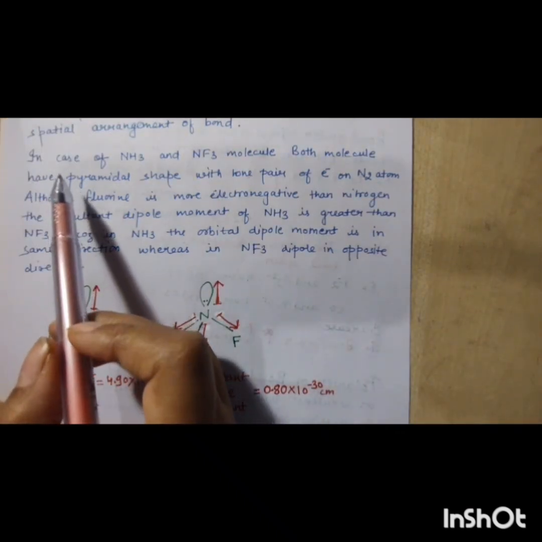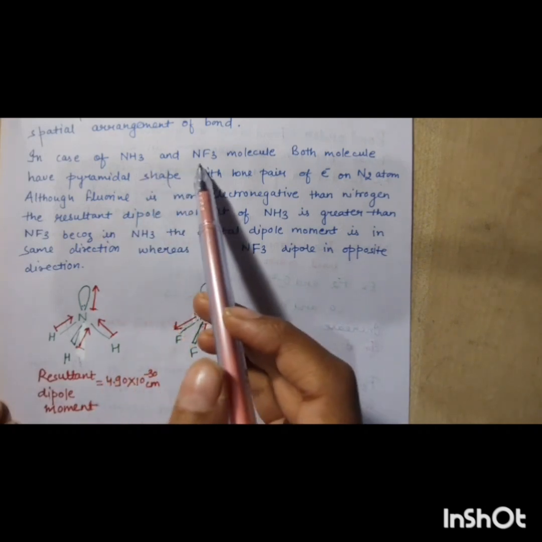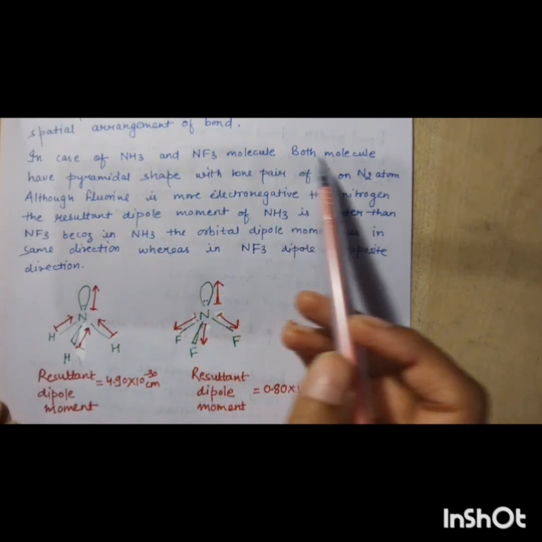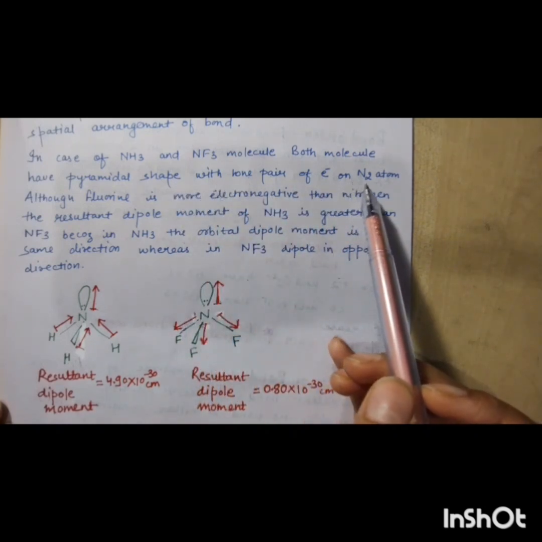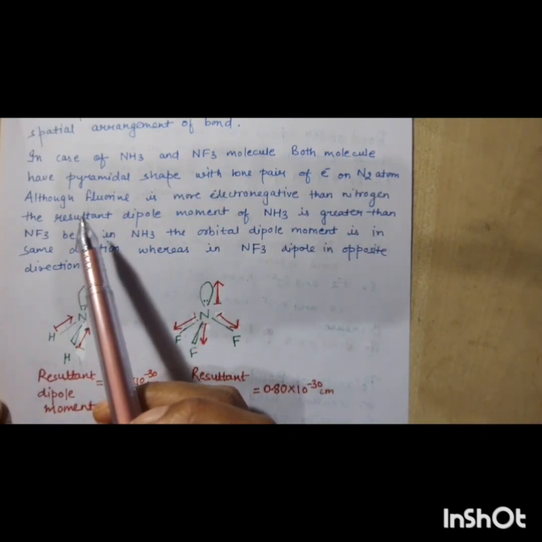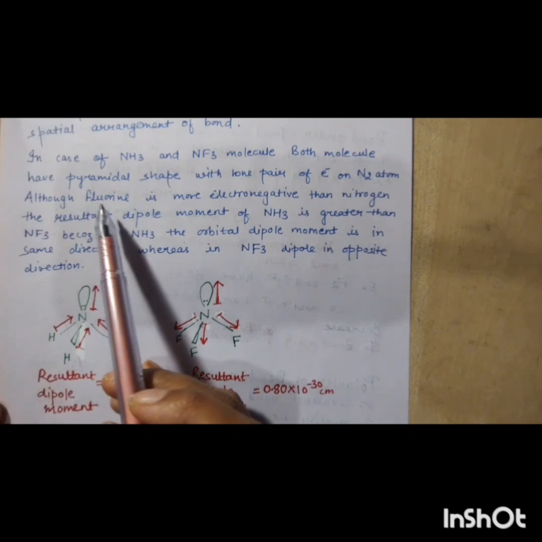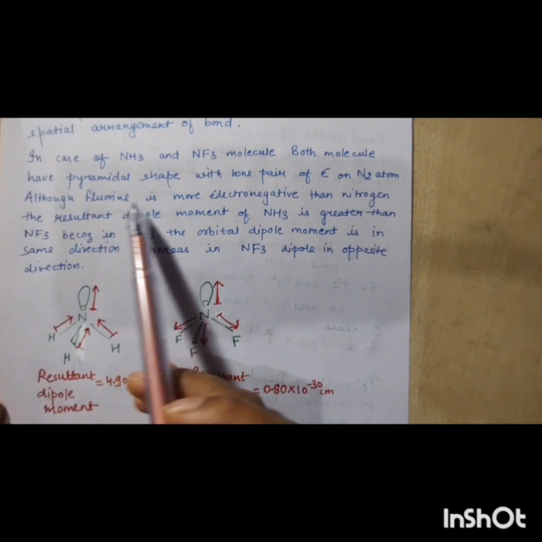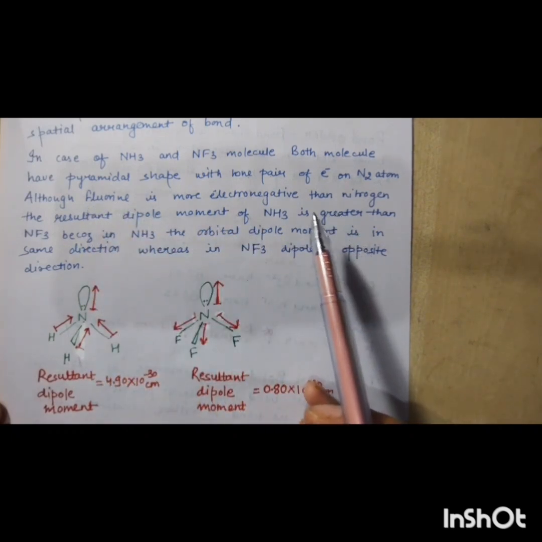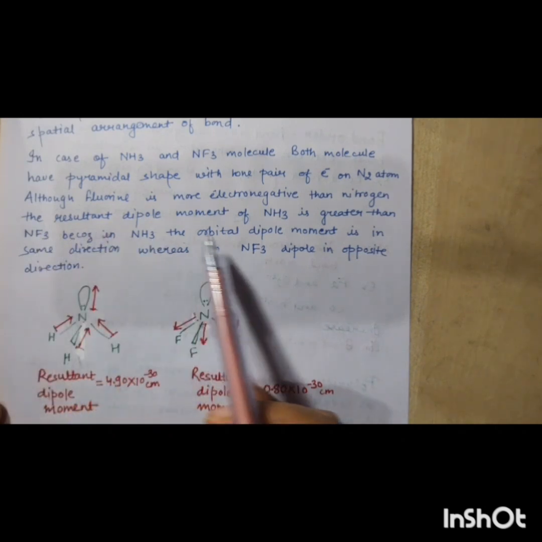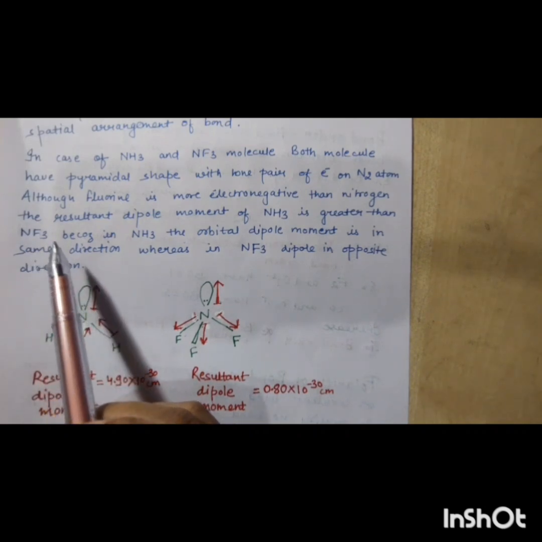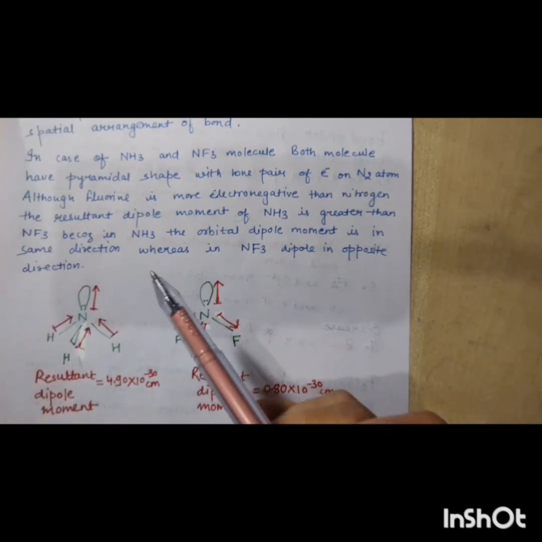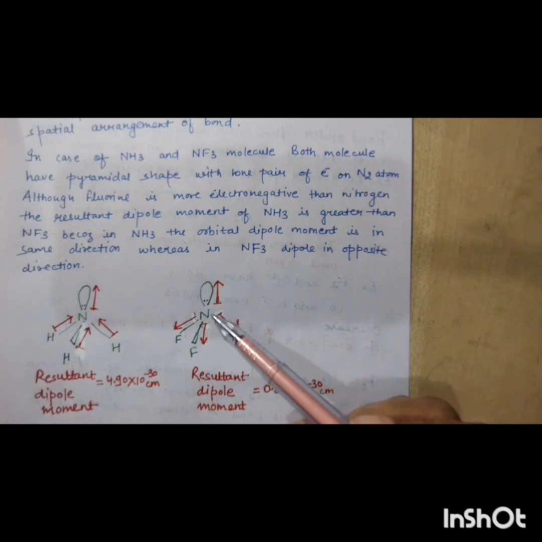Now if we take the example of ammonia and NF3 molecules, both molecules are pyramidal in shape with a lone pair of electrons on the nitrogen atom. But in the case of NF3, fluorine is more electronegative than nitrogen. So the resultant dipole moment of ammonia is greater than NF3, because in NF3 the dipole moments cancel each other.